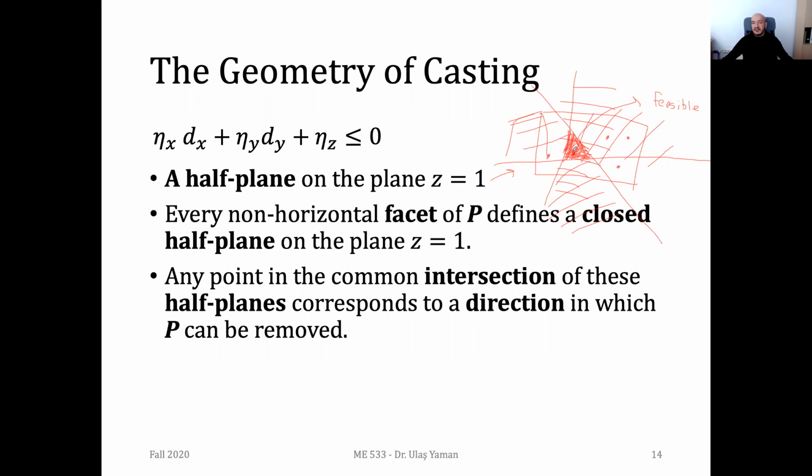So this is what we are going to do. We will do some computation, try to find this region, whether we have such a feasible region or not. And if you find that region, you are quite fine. And furthermore, if your direction vector is intersecting the z equals 1 plane in that region, then you can simply say that, yes, we can remove our part in that given direction. Any questions, guys? This is actually the summary of what we are going to do.